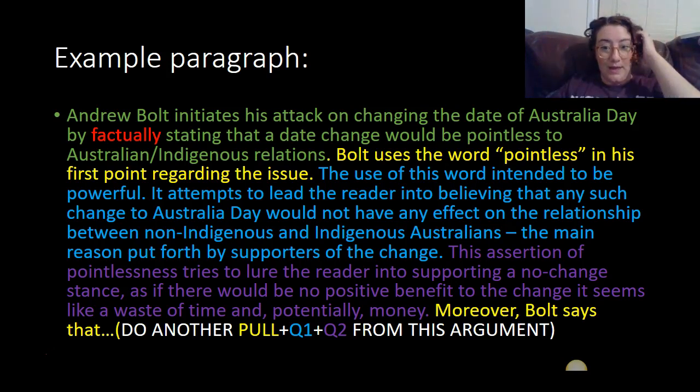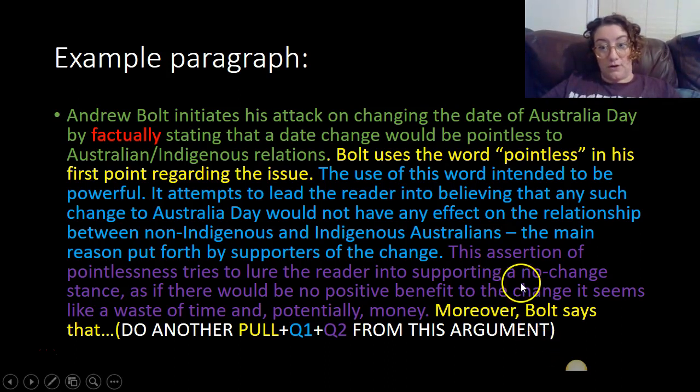actually get through. So once you have done question 1, question 2, you move on to your second persuasive pull. So, moreover, Bolt says that, and then I would add in my second persuasive pull for this argument. So I do another pull, and then question 1 and question 2 for that persuasive pull.